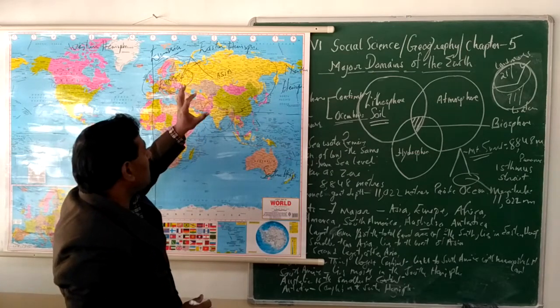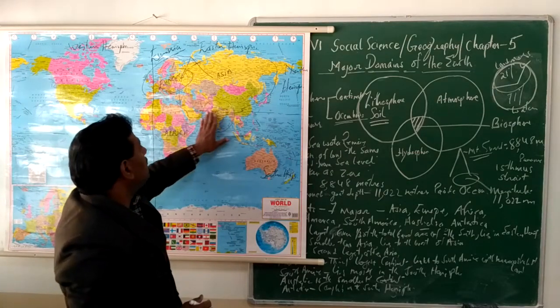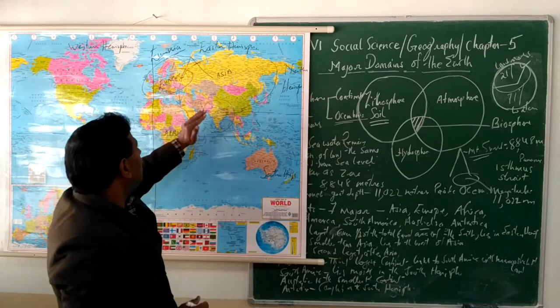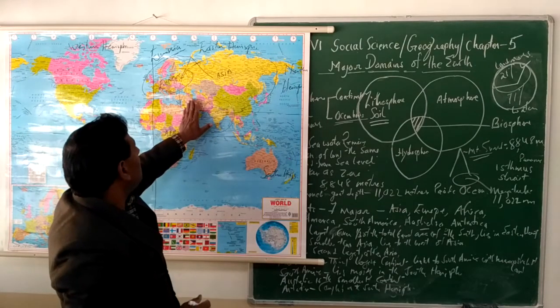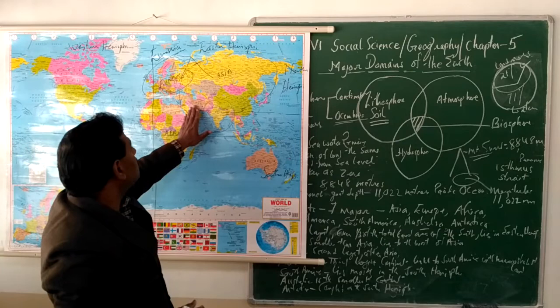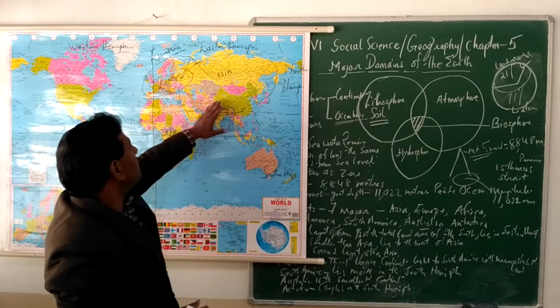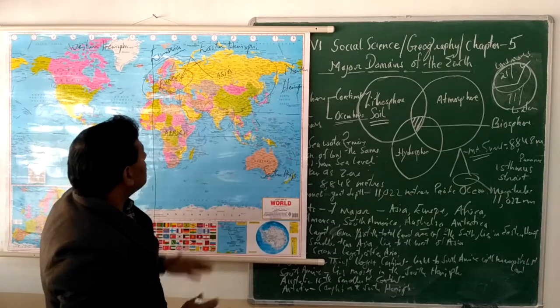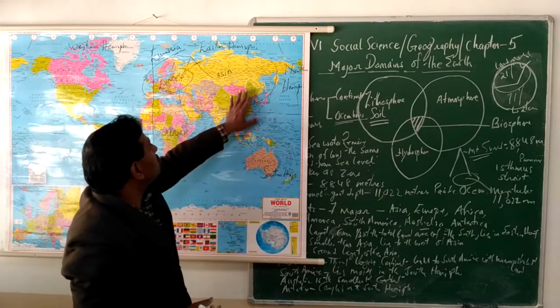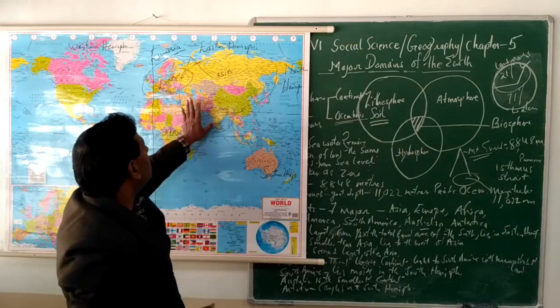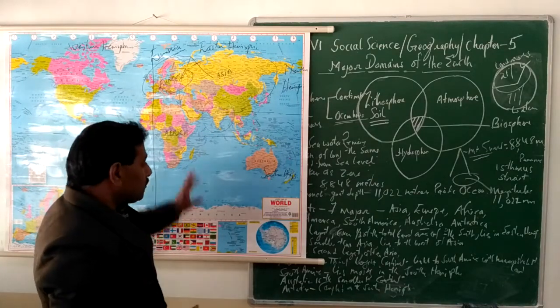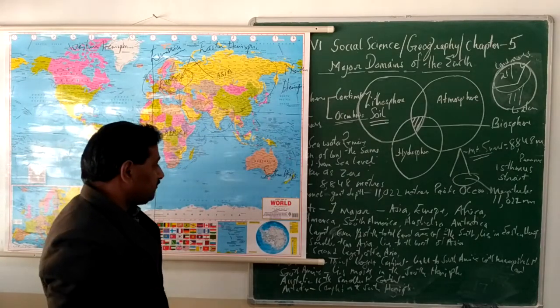You can say characteristics of this Asian continent, where you have the biggest sea, the Caspian Sea, which is landlocked and present in this continent. And some of the major rivers also flow from these areas. So this was about Asia.